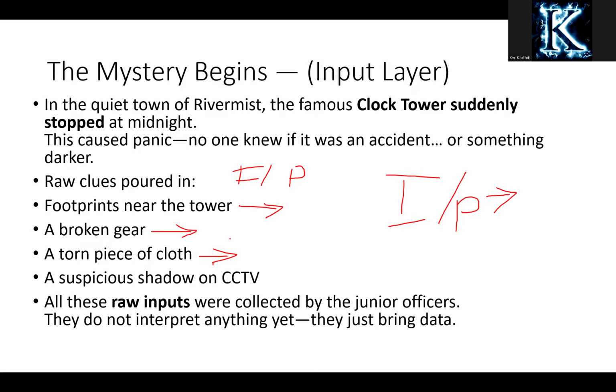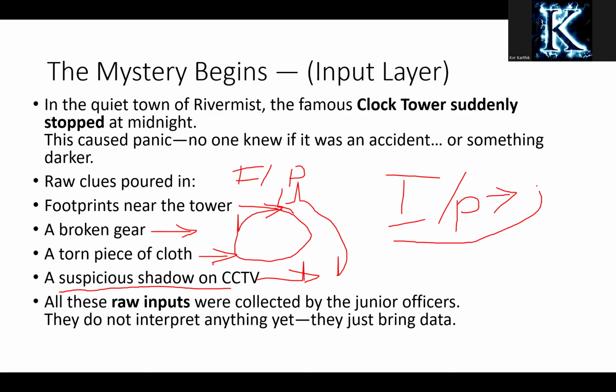We also have one suspicious CCTV footage. Through this CCTV, we are supposed to train on all three things so that we can recognize the culprit who damaged that clock, so that the time is not going to run accordingly. This is the major collection in the raw information.